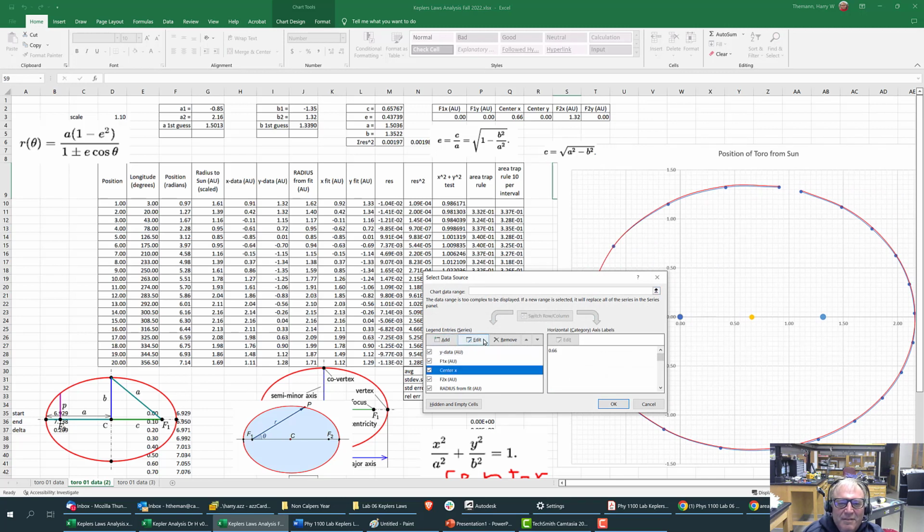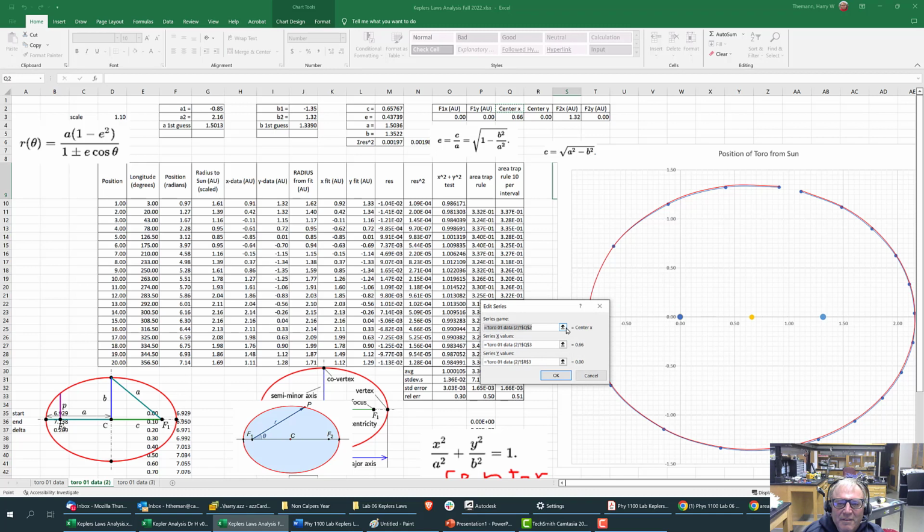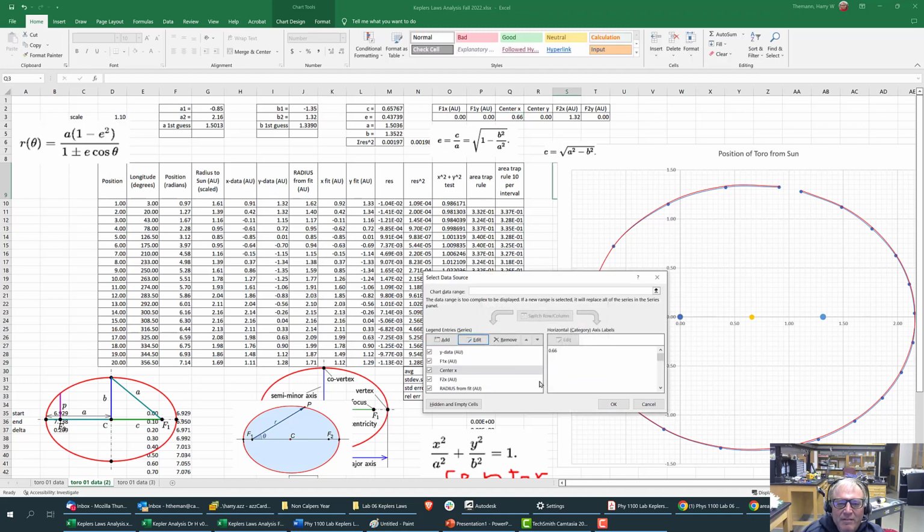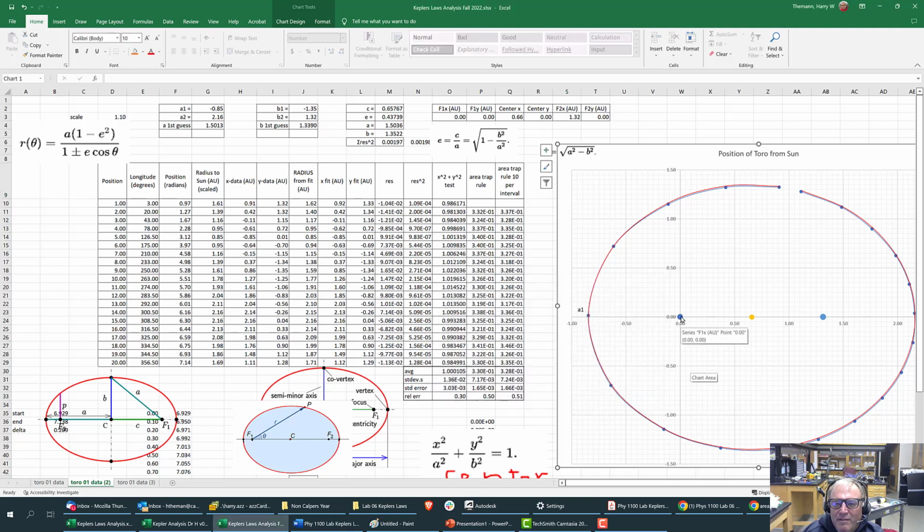So the center, and you see that's the label, and then the x value is, I called it center x, center y. So the x and y, and then for each one of those, I just altered.